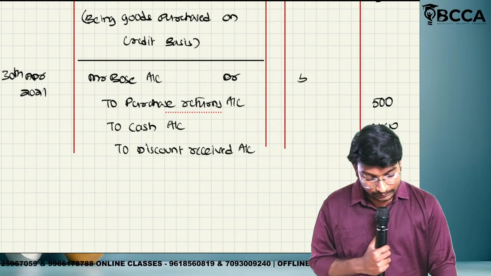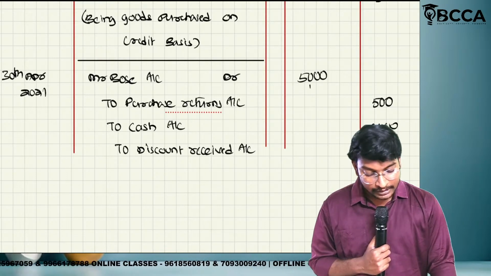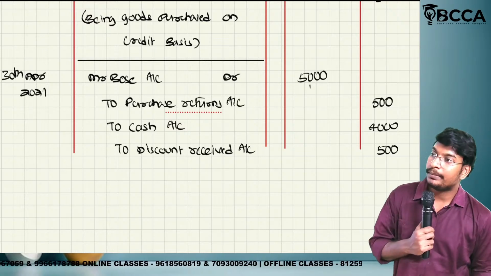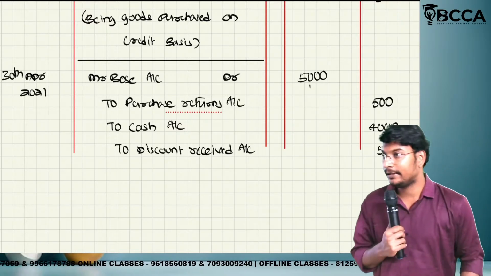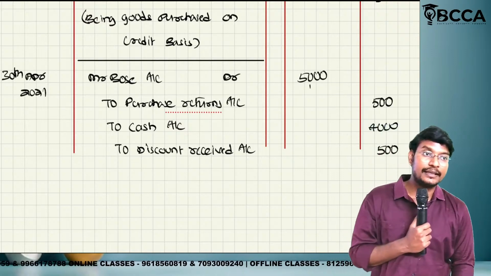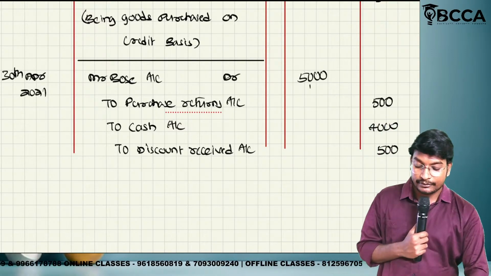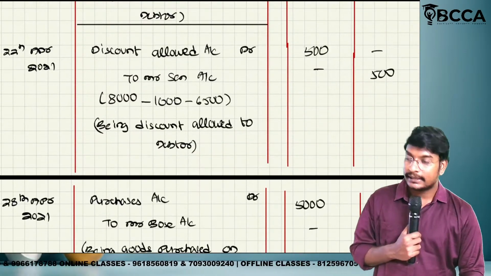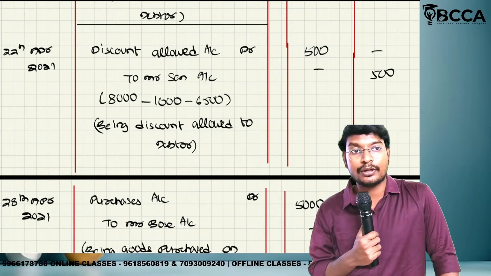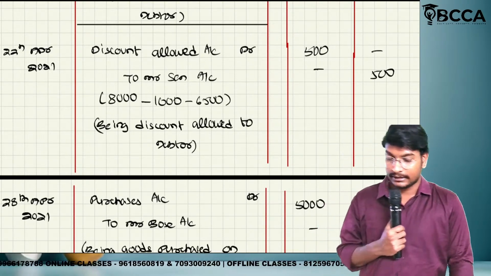So what is the total amount? 5,000. Now the boss account will be tallied. In the boss account we will not get any balance, either debit or credit balance. In the same way, Mr. Sane's account also will be tallied, because we have sold the goods and we have received all the amount from Mr. Sane.